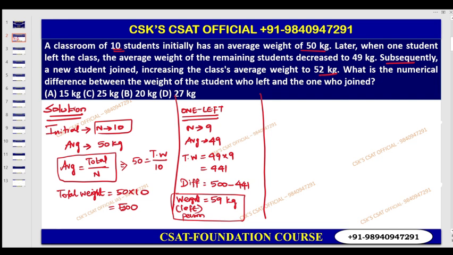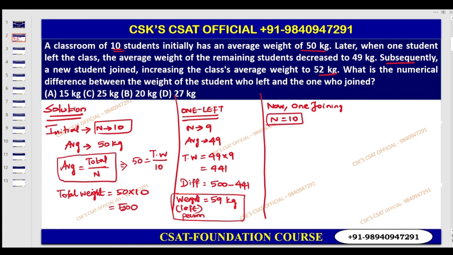Subsequently new student joined means the total now becomes 10 again. After one left only they are joining here, one student joining here. Step by step you can follow. One joining here. So therefore n is equal to 10.